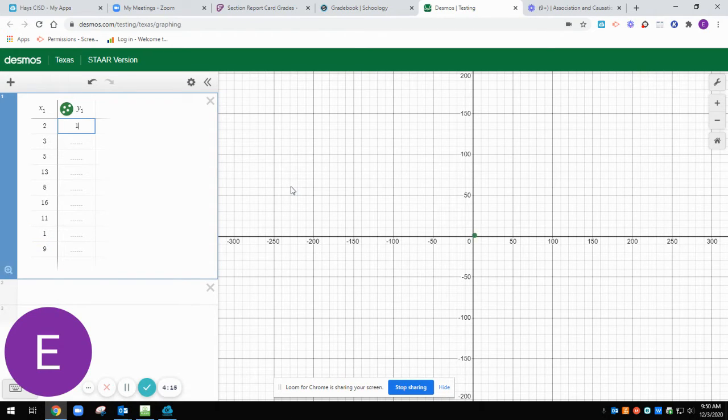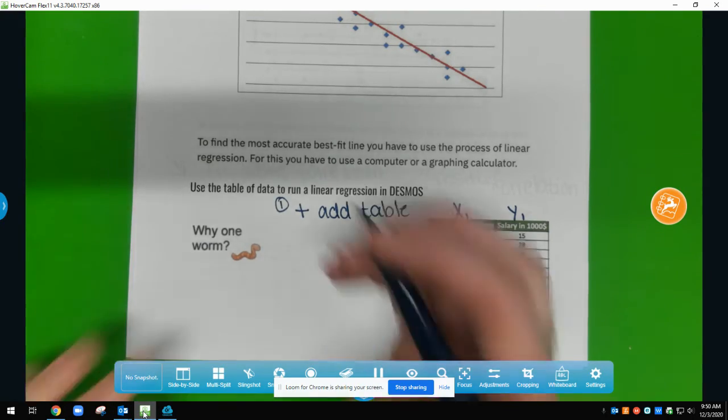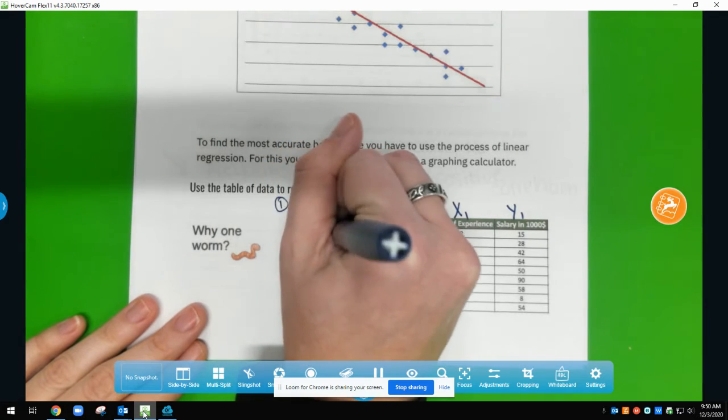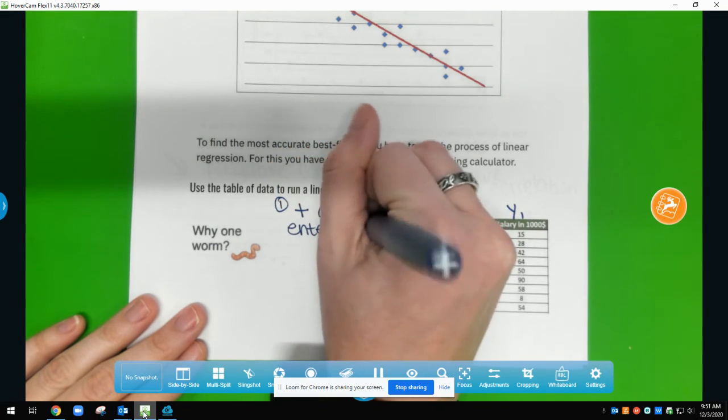And then I'm going to enter my Y values. And notice they're showing up as I'm typing them in. Okay, so we added the table and we entered the data.